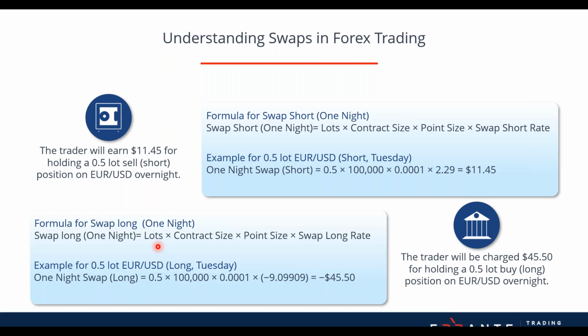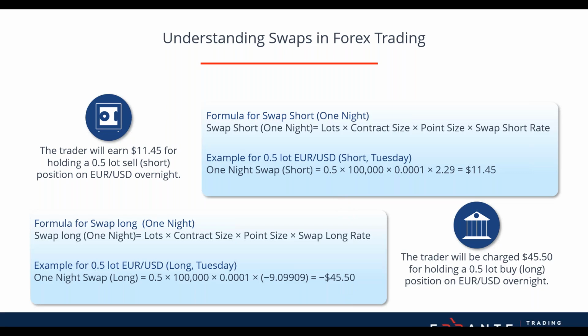And for example, if you hold half a lot long position of your USD, your swap cost for one night would be 0.5 times 100,000 times the 1 pip times the swap rate, which is a swap long here. And you see, it's going to be $45.5. In this case, you would be charged $45.50 for holding the position overnight.